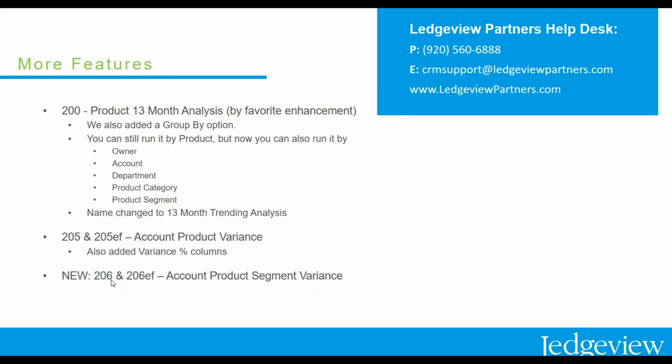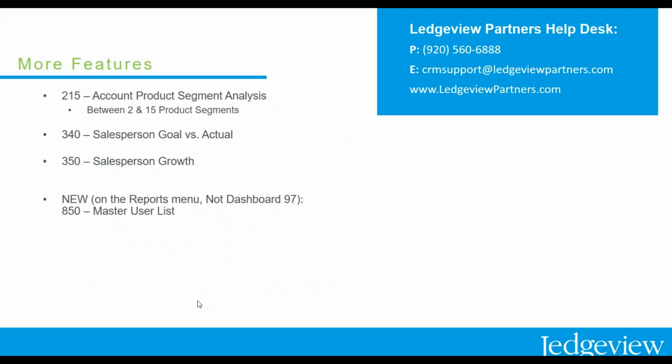So we just created two new reports, 206 and 206 Excel friendly, which those of you who like to manipulate and play around with the data, you'll appreciate this version. But these reports are exactly like 205, except they don't print one line per account and product. They print one line per account and product segment.